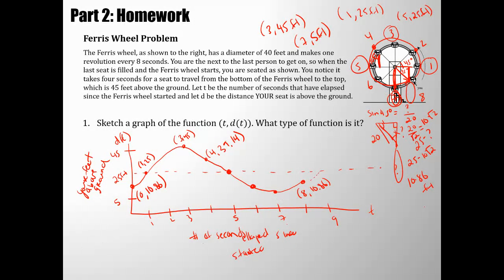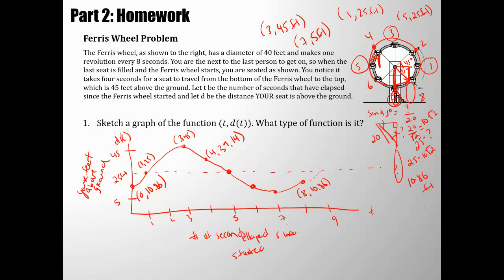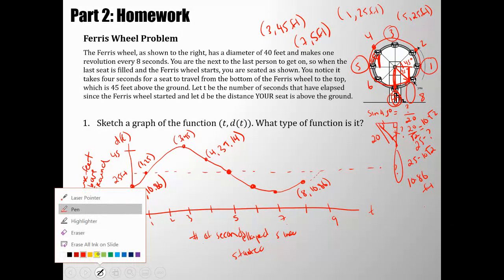And then from the midline to the top is 20, isn't it? And the midline down is 20. That's essentially the radius of the circle. So you've got, I'm going to go with sine, because I'm going to work with this part.